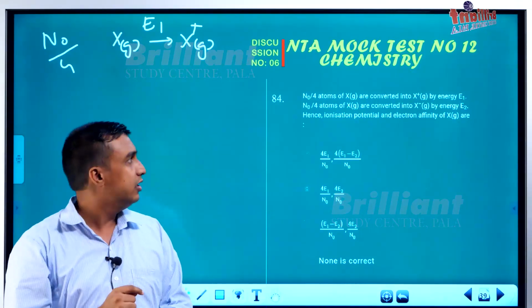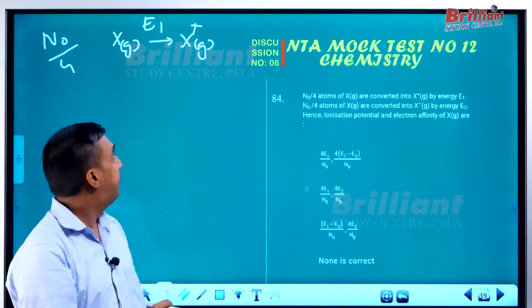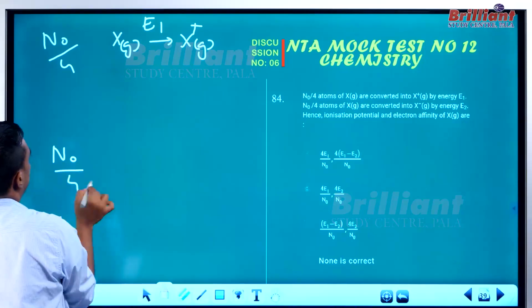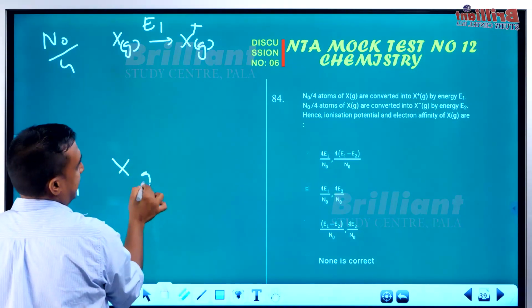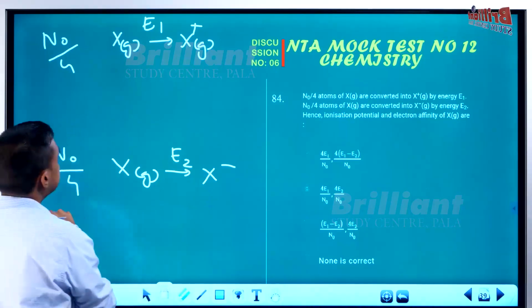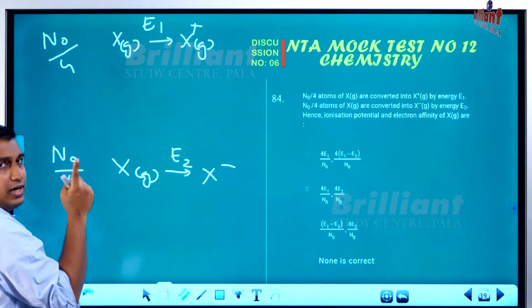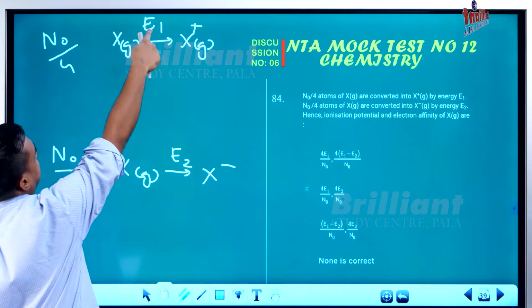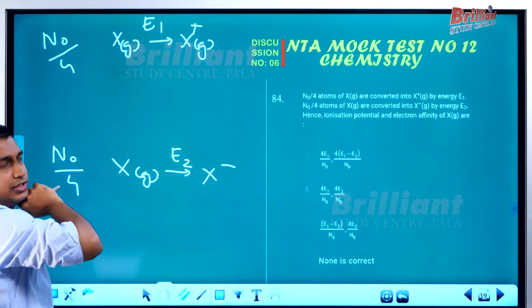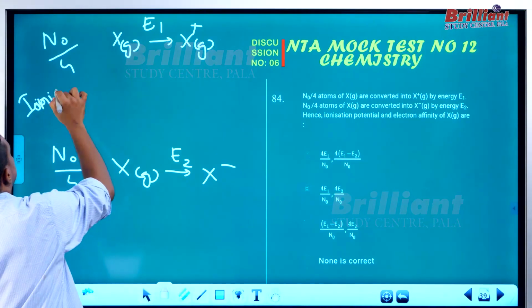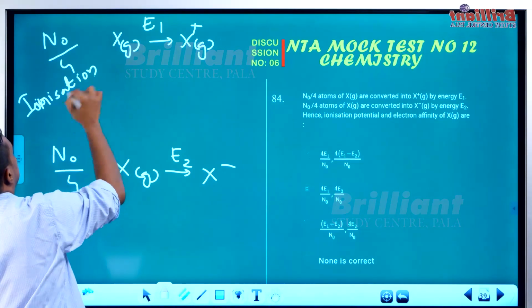We define them for one atom. So I have to find the energy for one atom. N0 by 4 atoms need energy E1 as ionization potential or ionization energy. So I can write, we are talking about the ionization potential.